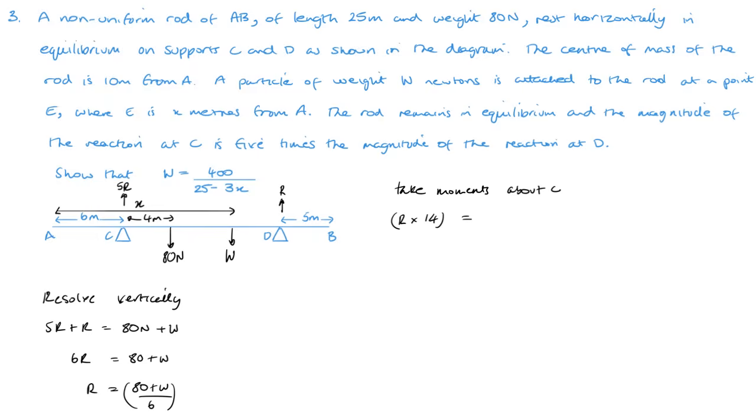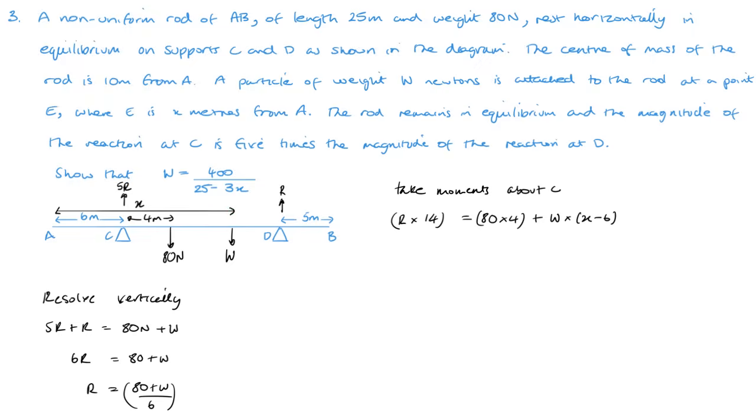Okay, and that is going to be equal to 80 newtons times by 4 plus W times by X minus 6. Because this is X and this is 6, so this distance is X minus 6.